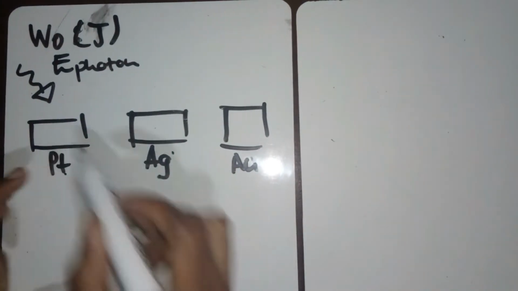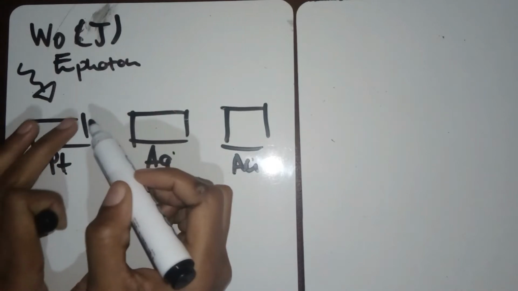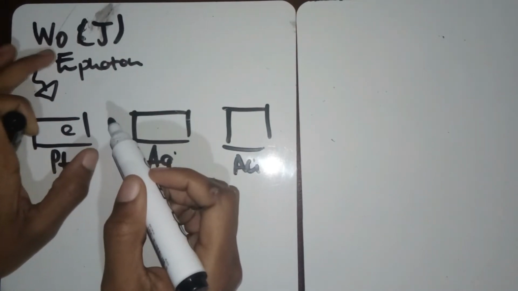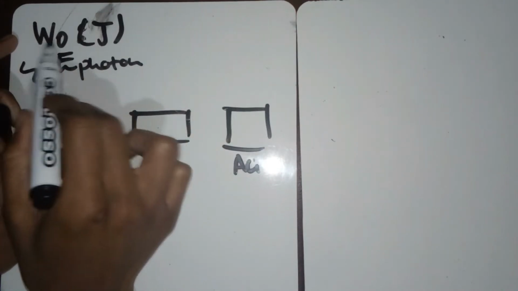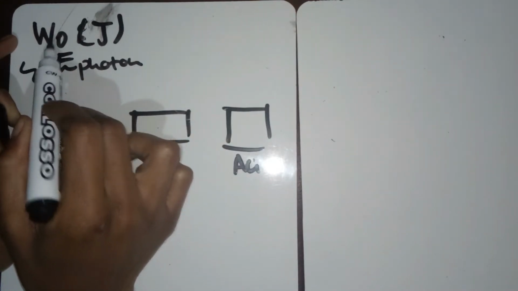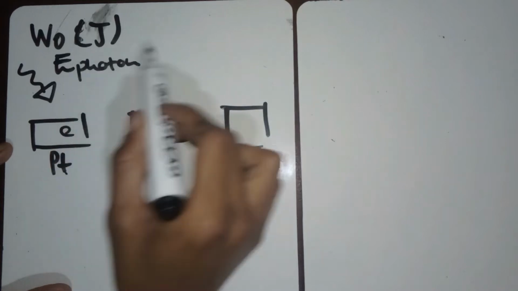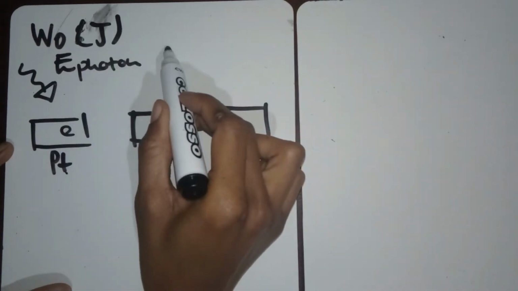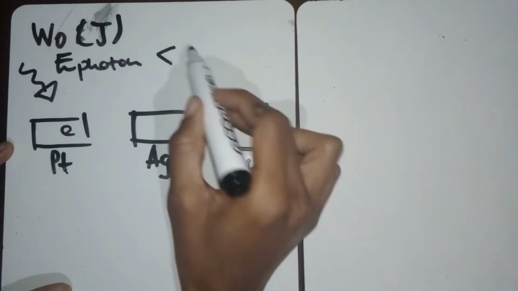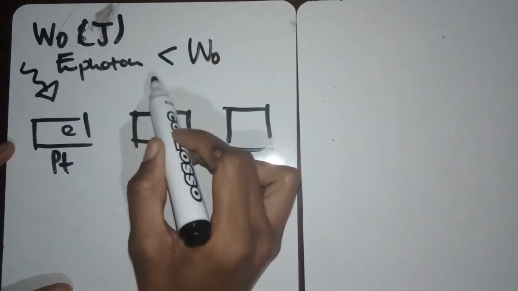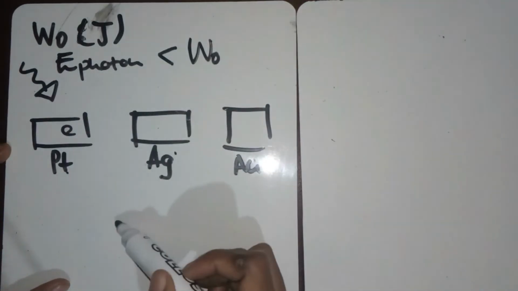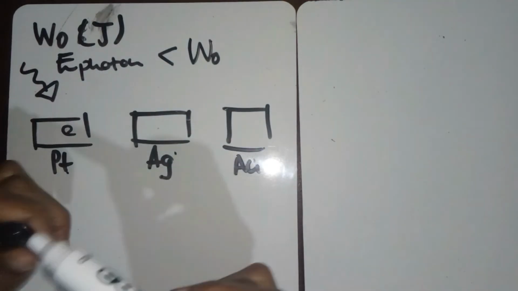For an electron to be ejected, it requires a minimum energy, and that minimum energy we call the work function. If the energy of the photon is less than the work function of the material, there will not be any emission; the electron would not be emitted. That is something important for you to know.